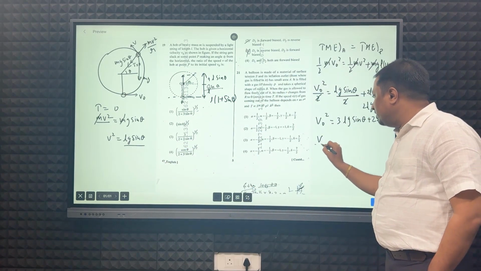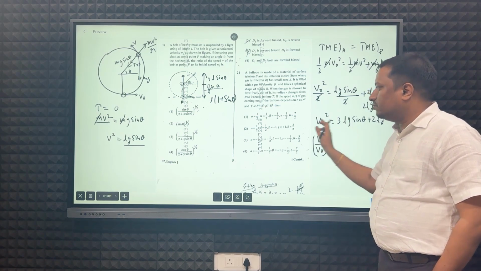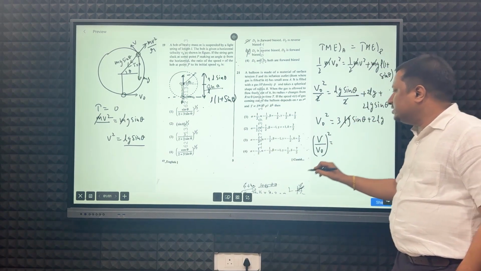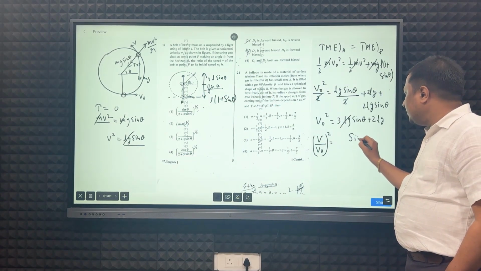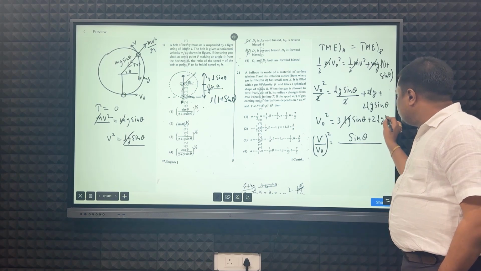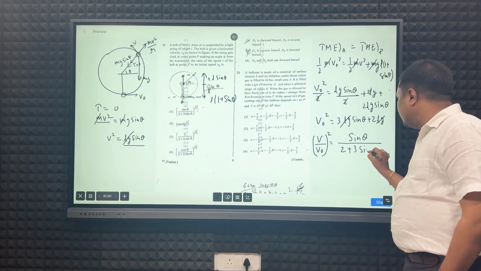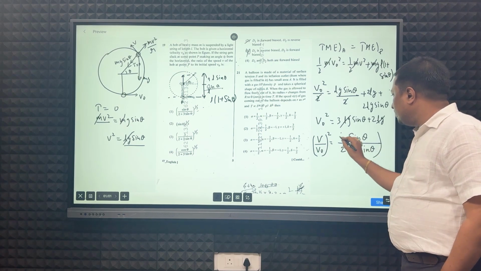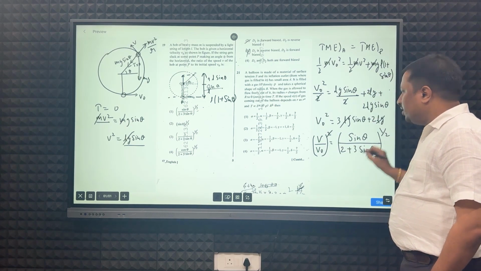If they are asking V by V naught, I can directly write V by V naught square as 1 into L g, which will get cancelled. Up we will have sine theta, down it will be 2 plus 3 sine of theta, whole raised to power 1 by 2, since the square is cancelled.